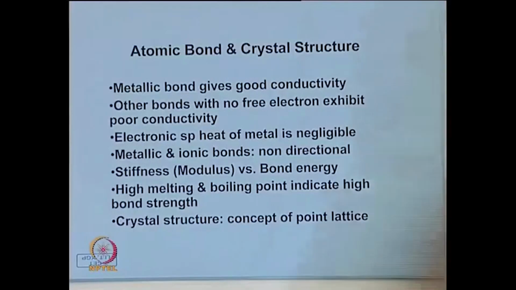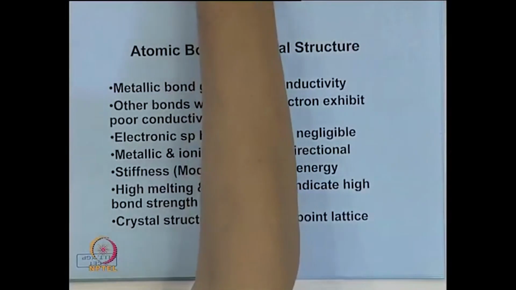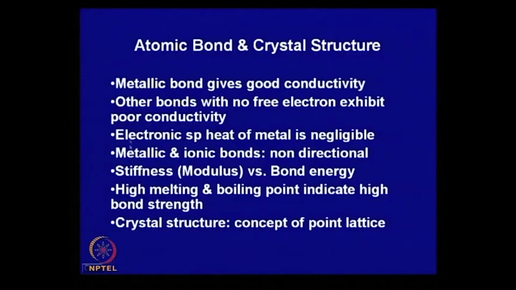In short, I think so far we talked about these points, and I also gave you a few examples and a few problems to be solved, and I hope you have done that, because as we proceed further this will be quite important for you to understand the concepts that we are going to develop.